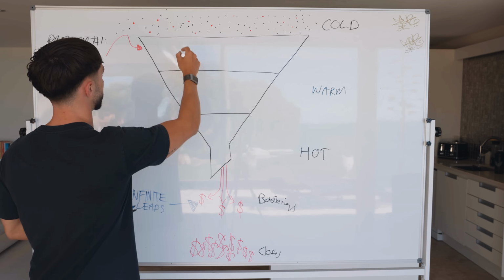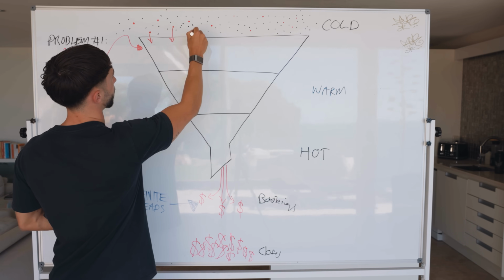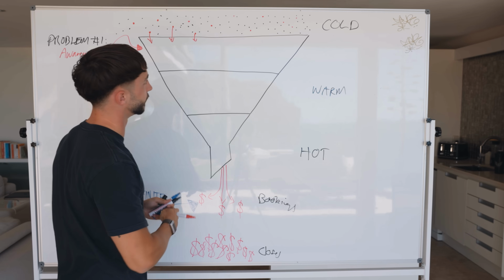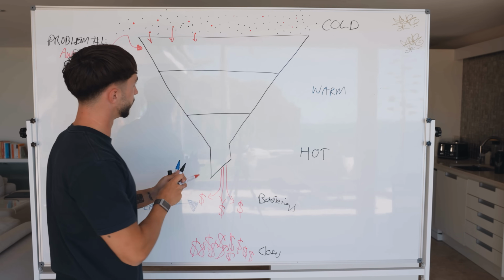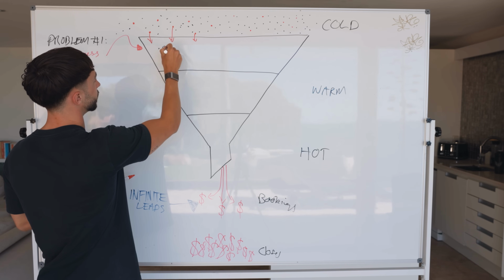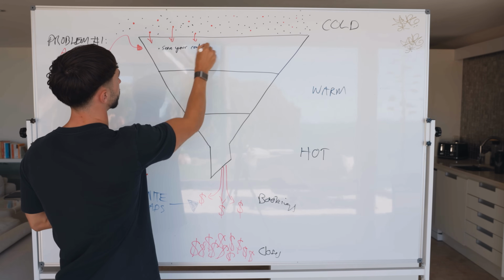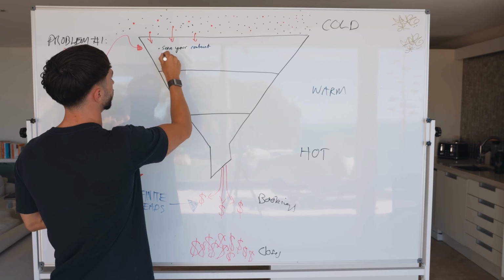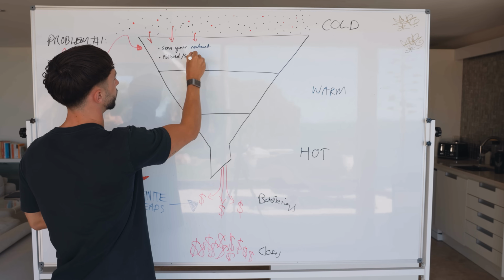But that's the first problem, is getting them across here and these guys to see your content and ideally follow you. So I'm going to say this first step from completely cold into this sort of warm area. These are people who have seen your content, followed/subscribed.